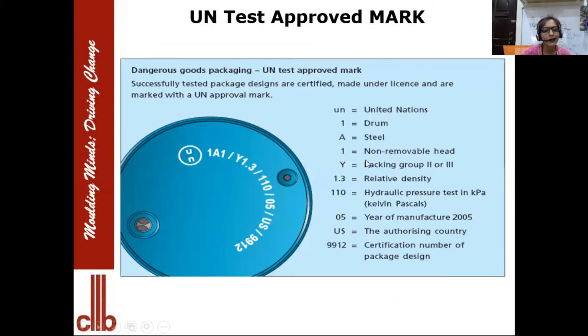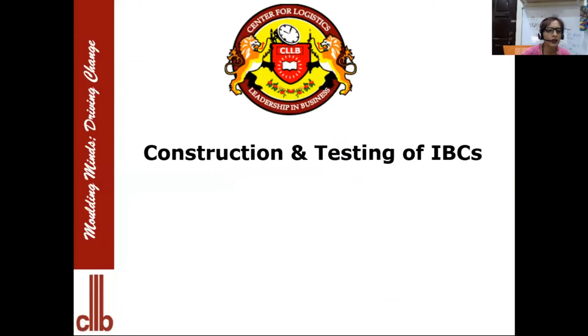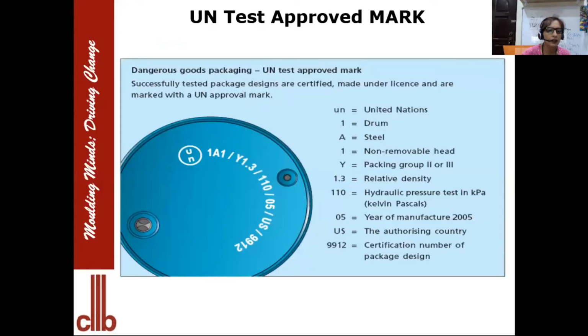All right, and then in addition to that, the UN packing approval code also indicates to you the year that it was manufactured. And please do not forget the relative density information. Now, relative densities will always occur in liquid cargoes because you want to relate the density of the liquid to its volume, right?